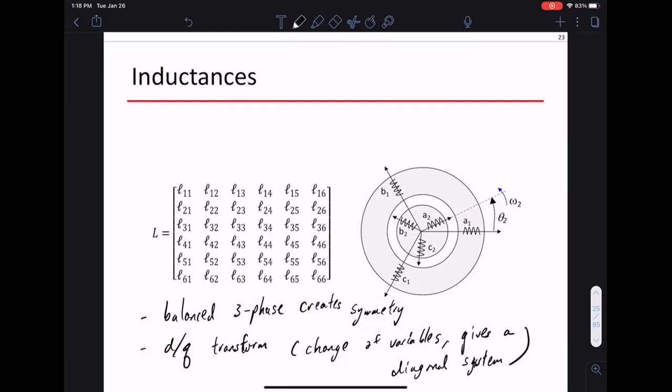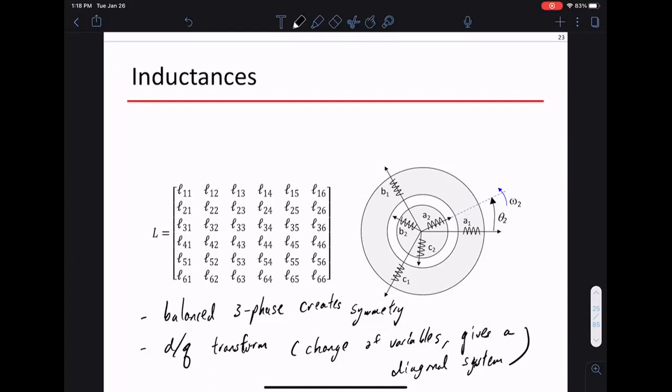The two ideas are, one, you have balanced three-phase. Second, there is something called a DQ transform. Basically, if you think back to linear algebra, you can do a change of basis. Under this change of basis, you can diagonalize the system.